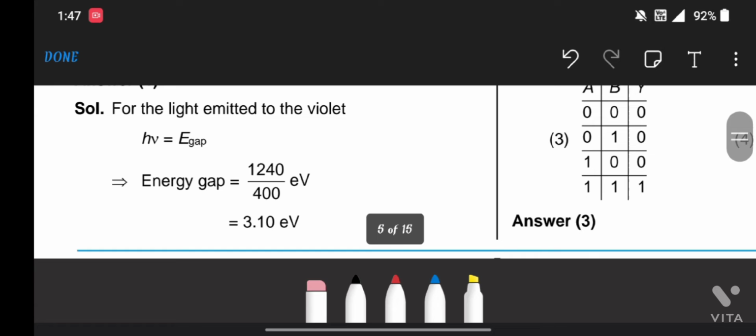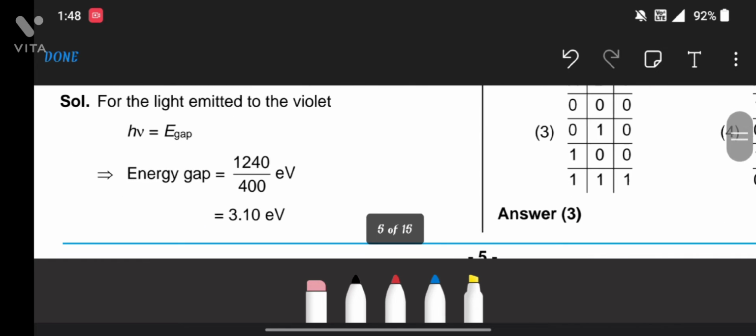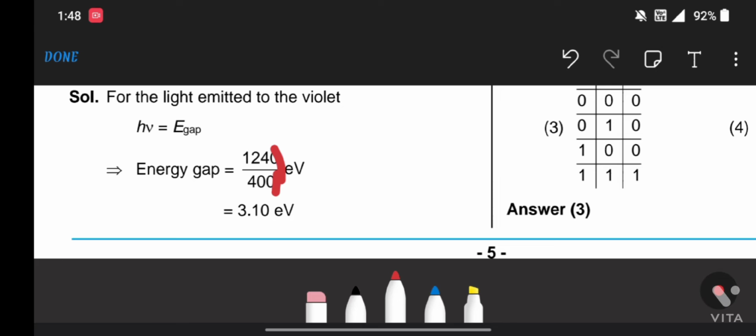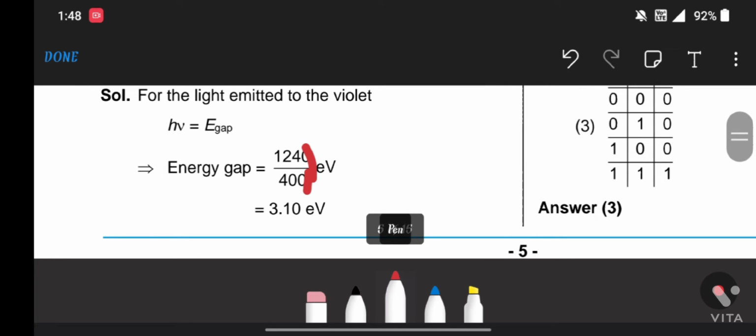So for light emitted in the violet, hν is equal to E gap. The energy gap is 1240 by 400 electron volt. After dividing, the zeros cancel, 40 becomes 3, so it becomes 3.10 electron volt. This is the correct answer we have got.